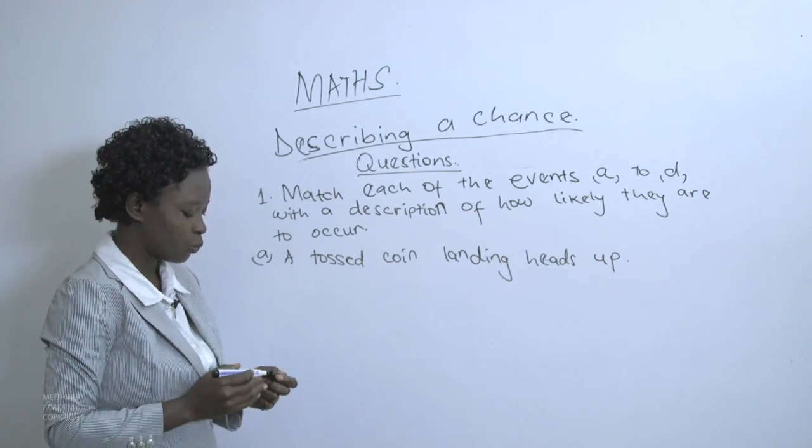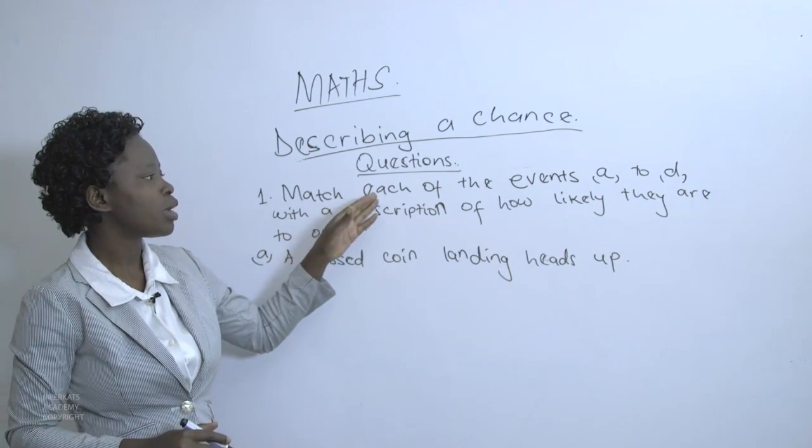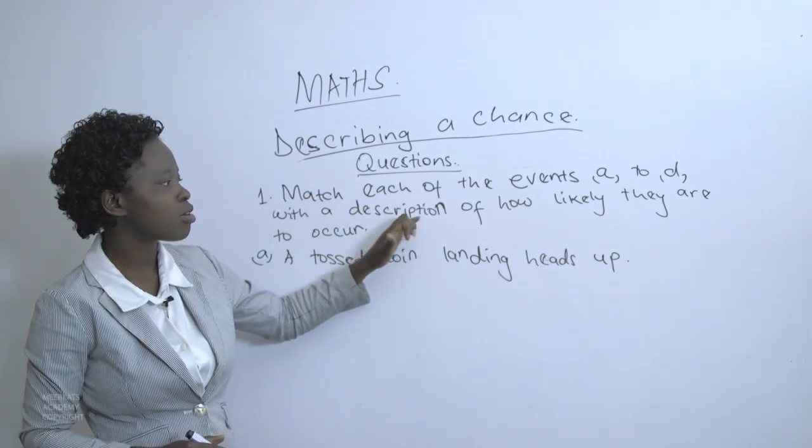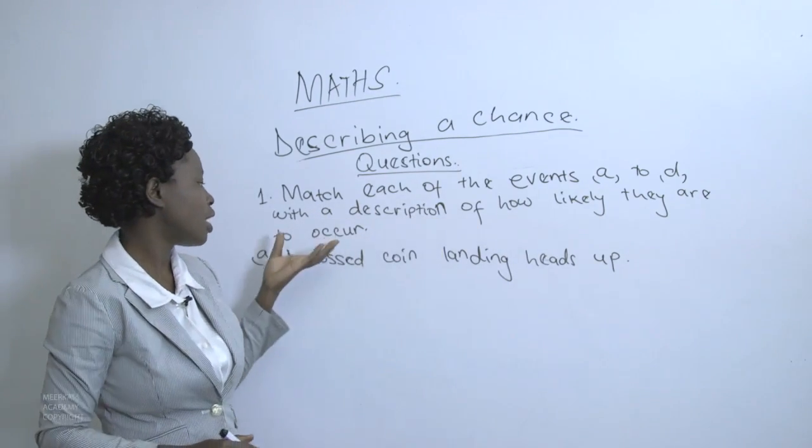We have a question where we are supposed to match each of the following events from A to D with a description of how likely they are to occur.